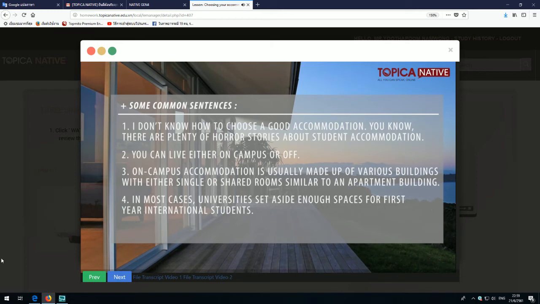In most cases, universities set aside enough spaces for first-year international students.